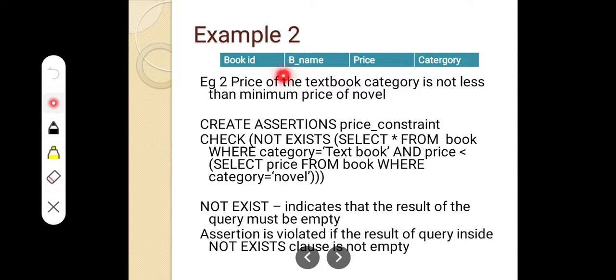We are storing all the details of books and different categories of books, whether it is a textbook, novel, fiction, all those things. Clear? So it specifies the condition that the price of the textbook must not be less than the price of the novel.